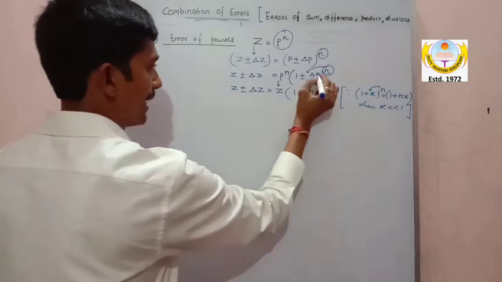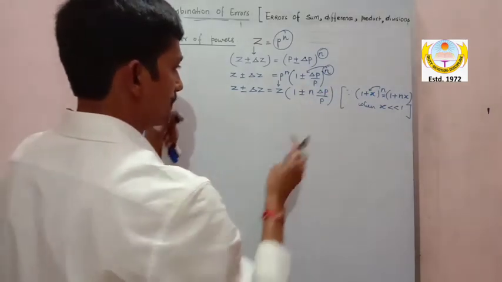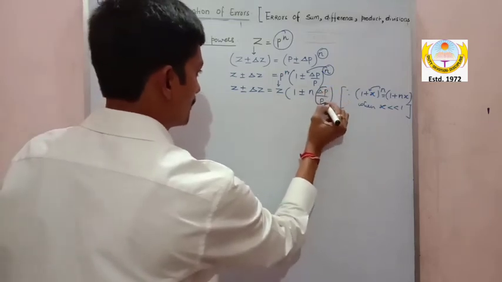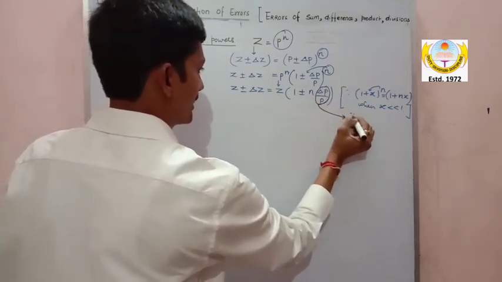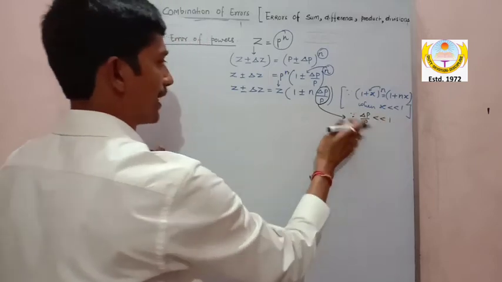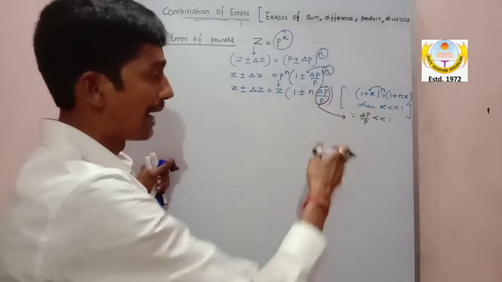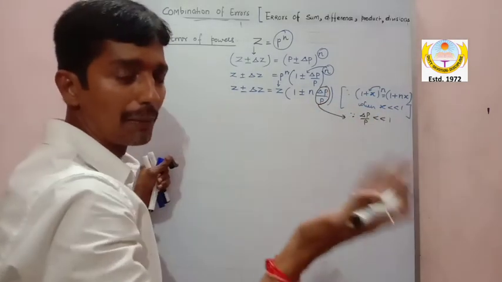So similarly here delta P by P is less than 1, of course, because in the denominator it is the true value and in the numerator it is the error. So the answer will be much less than 1, because the denominator is higher.